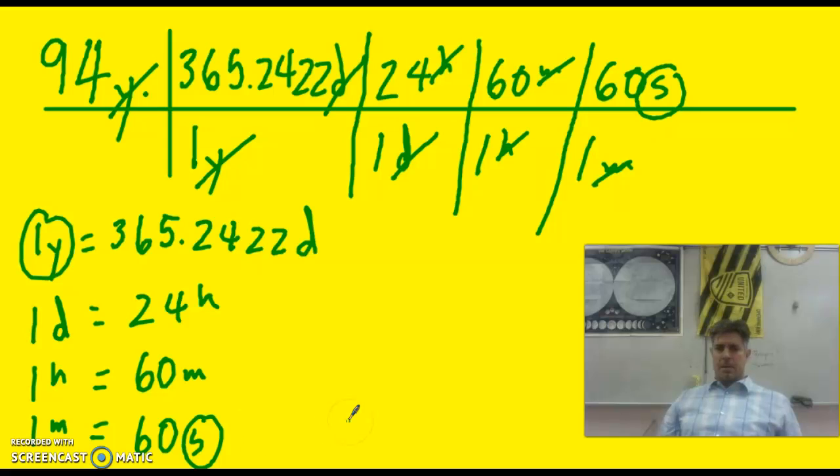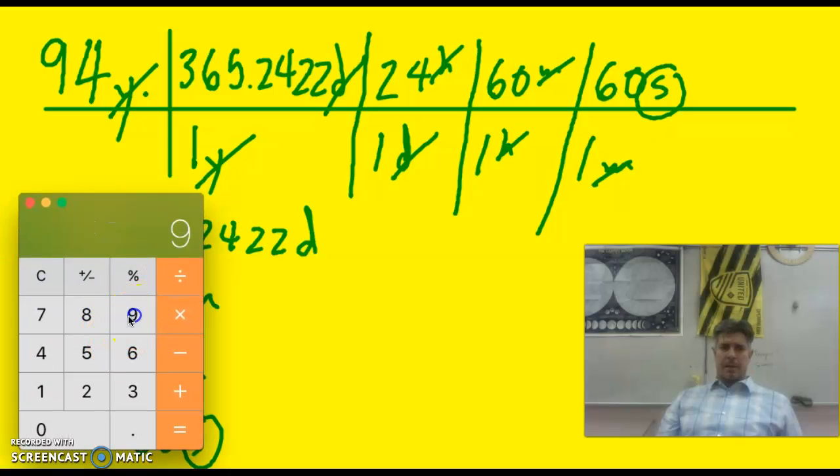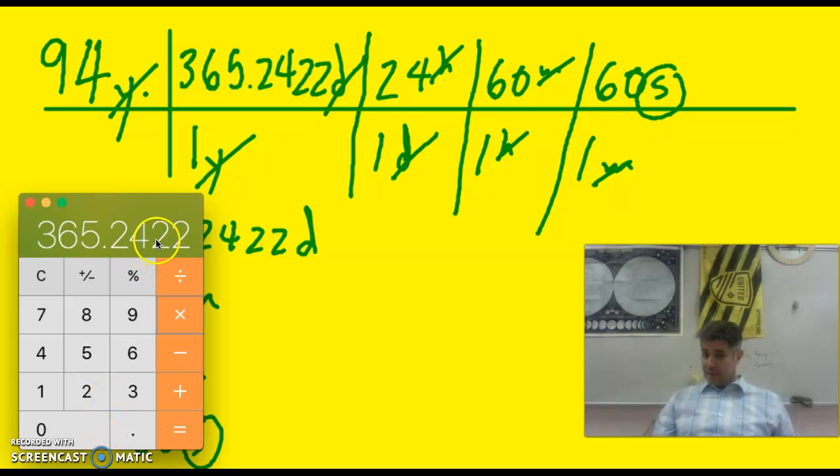Okay. So now I pull out my trusty handy dandy calculator and plug these numbers in. 94 times 365.2422 days. Almost a quarter of a day. That's why we have leap year. Times 24 hours times 60 minutes times 60 seconds.